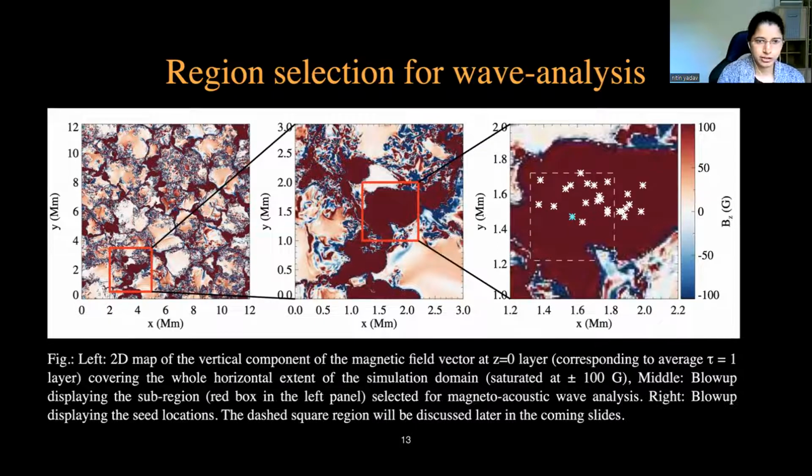As I already mentioned, slow magnetoacoustic waves travel along the magnetic field lines, and it is important to discern the temporal evolution of individual magnetic field lines for studying waves. With this aim, we place some seed points in this magnetically concentrated region at the mean solar surface, which I am displaying as white asterisks in the right panel. And then I follow the field lines which are associated with these asterisks in space and in time.